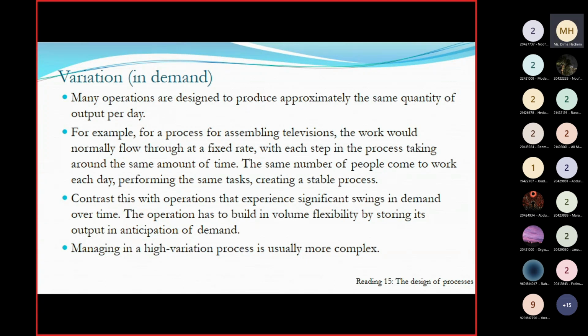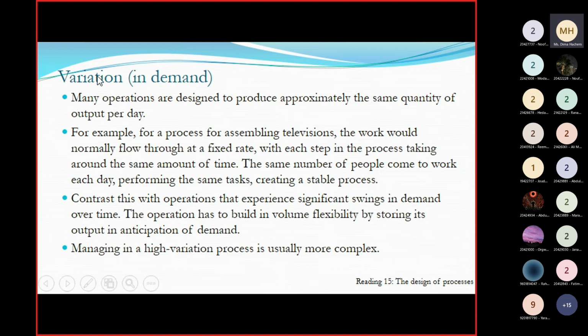Okay, so it's different with the fast food restaurant, where they have a variation in demand. I mean, every hour we are not selling or preparing the same amount. The demand will differ between, for example, lunchtime or afternoon or morning time, even between weekend and weekdays there is a variation. I mean, there are differences between times.